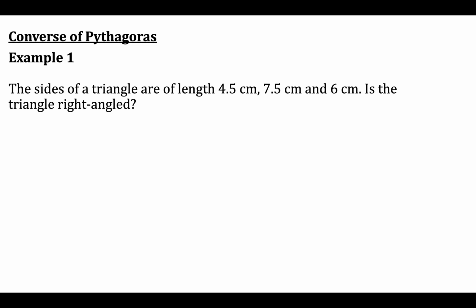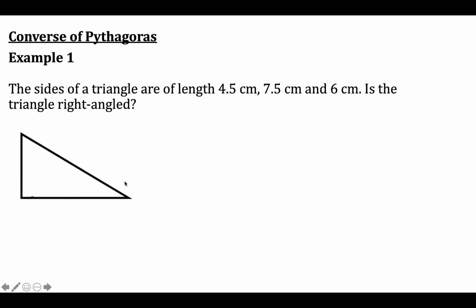Now at this point we've got no idea what the triangle might look like, but given that we are studying Pythagoras' theorem and it's all about right angled triangles, maybe we should apply this to a right angled triangle. Now we know that our hypotenuse would normally be positioned across from the right angle, so that would be here if we assume that that is a right angle.